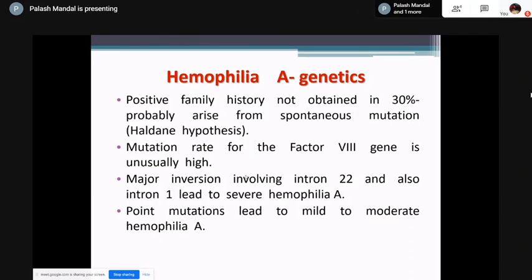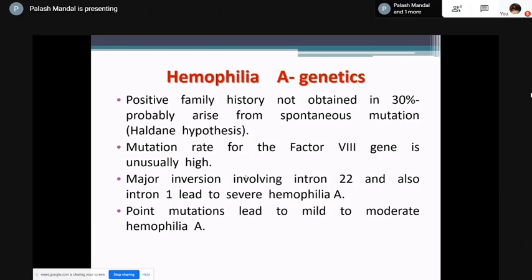So spontaneous mutation of that particular area of the X chromosome, Xq28, leads to hemophilia. Major inversion involving intron 22 and intron 1 can lead to severe hemophilia, and point mutations lead to mild to moderate hemophilia.